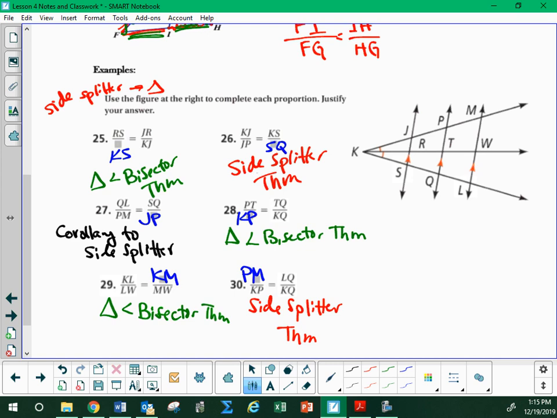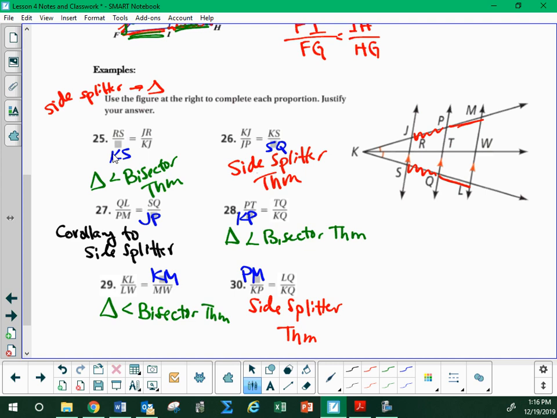Okay, so when we take a look at 27, we have QL to PM equals SQ to JP. So I went bottom to top, bottom to top. And because I'm using just the pieces and those together do not make up that triangle, then I have the corollary to side splitter. Others that we have questions on?